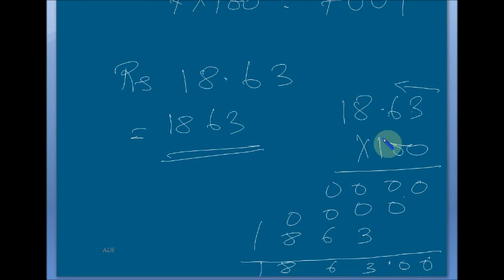One thing I am going to clarify: when there is a number of rupees like this, what will you do? You just shift the decimal 2 steps to the right side. Because you are multiplying by 100, you can displace the decimal 2 digits to the right.